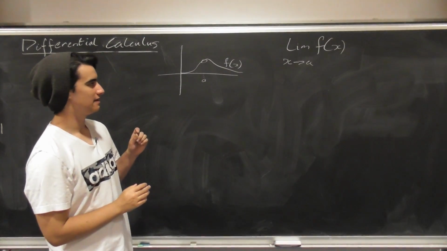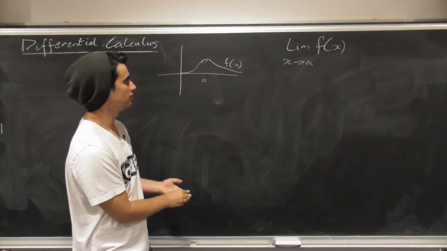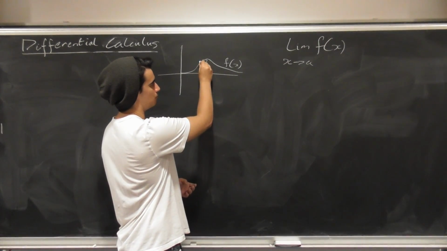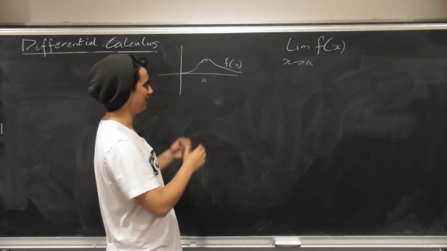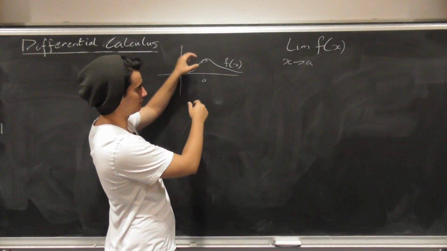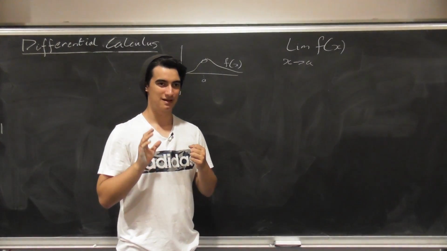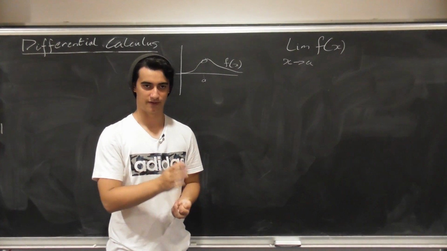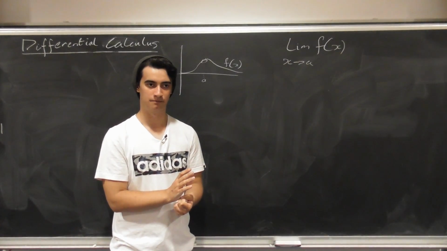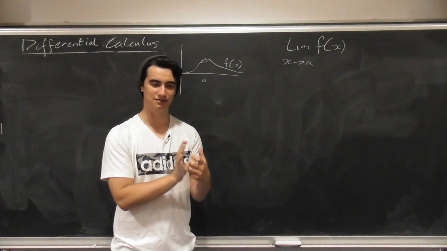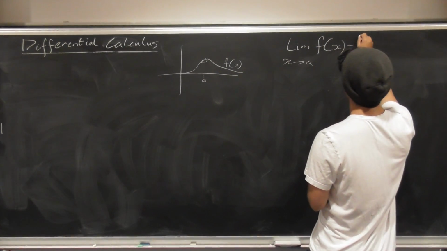But if we have a look at the limit as x tends to a, from the left, how it's moving up in this direction, and how it's moving down here from the right, and if they both agree, so the limit from the left and the limit from the right, that f of x evaluated at a almost reaches something, that it tends towards a certain value, then we can define that value, we'll call it L, as the limit.